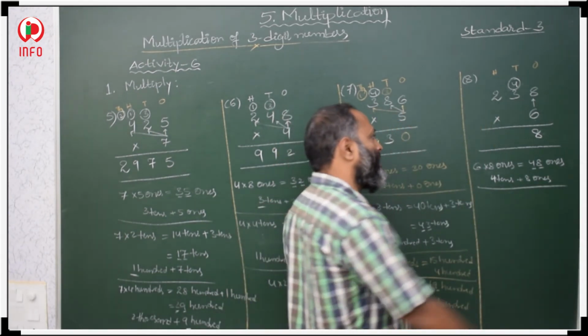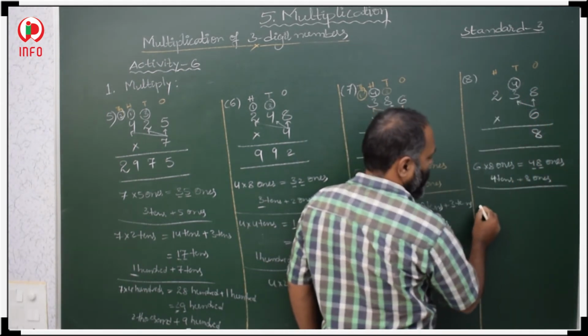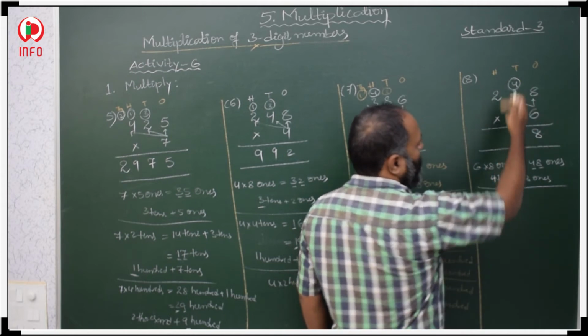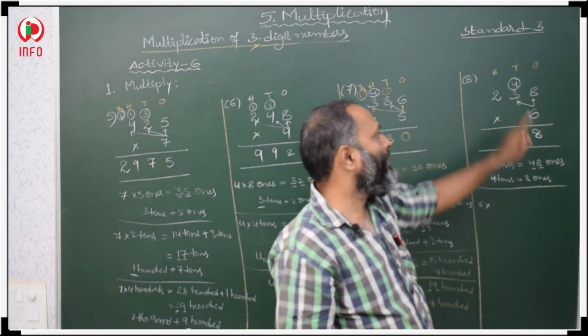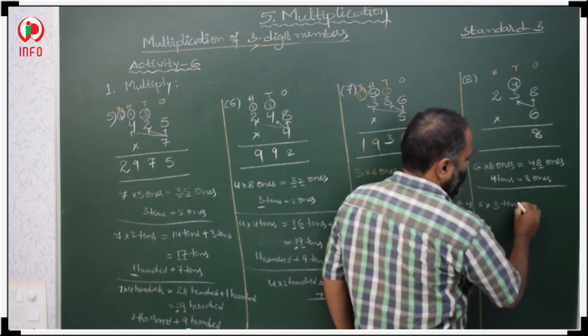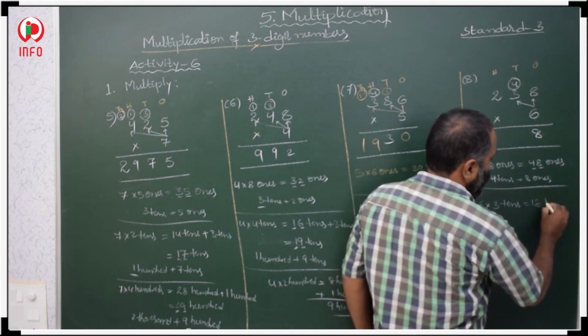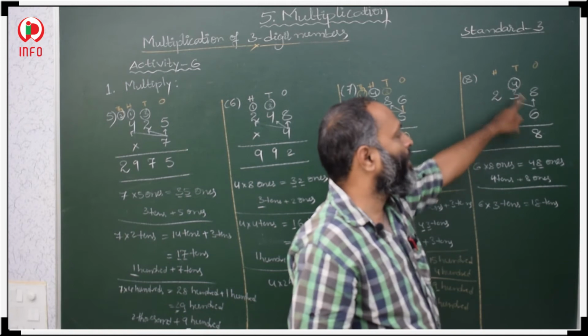Now multiplication with the next place. 6 with 3 hundreds, no, tens place, not hundreds place, it is in tens place. Okay. 6 with tens place, 6 into 3 tens, 6 3s are 18 tens. And what is carry over? 4.